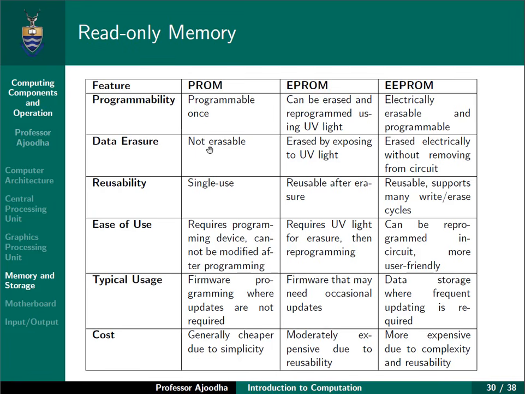So sometimes EEPROM is used, and I've written some use cases there. For example, it's used for data storage where frequent updating is required. That's when we would want to actually use EEPROM. I don't know if you remember Windows Vista, but it was a disaster, and it kept having lots of crashes.